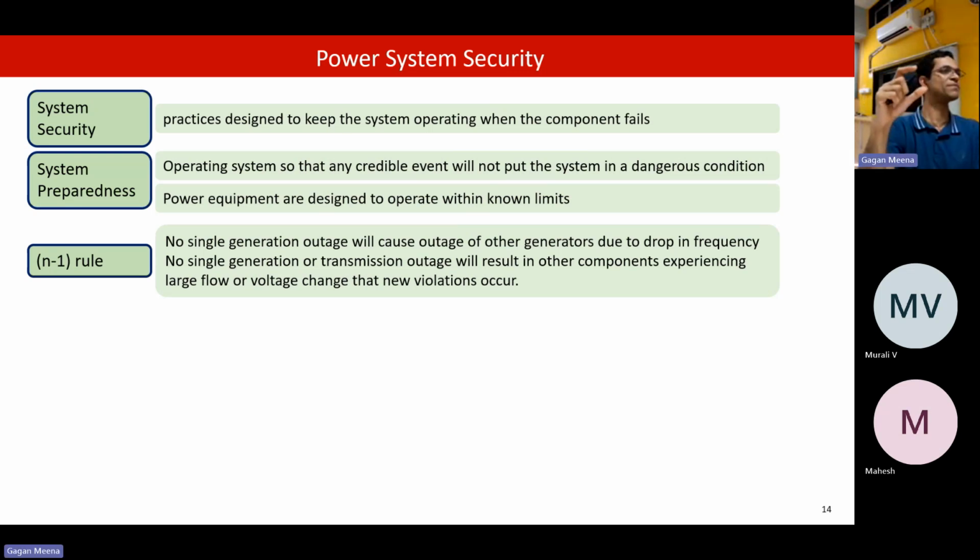A safety factor is kept. It is around 50 to 60% of the actual rating of the line. That is a safety factor which is considered, because if we do not have it, there are durations when the limit can be violated.